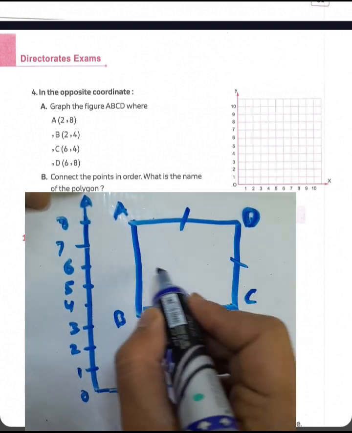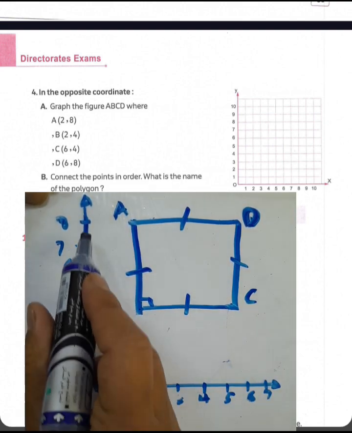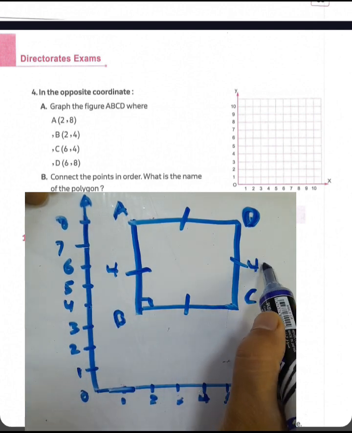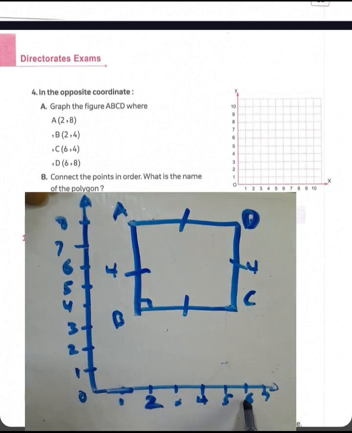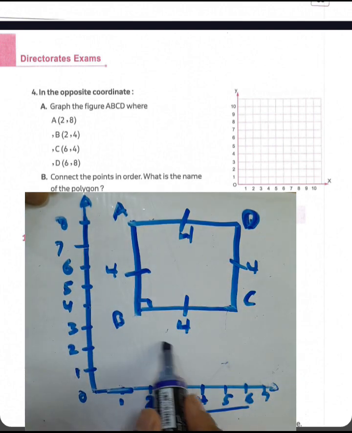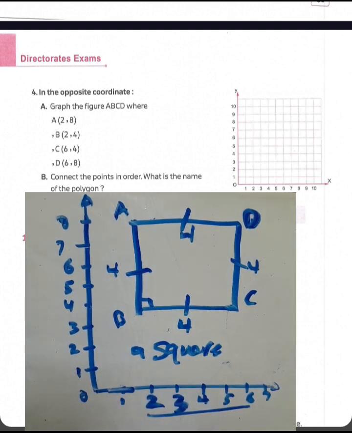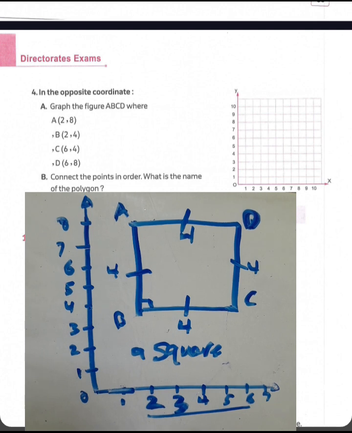All sides will be equal in length, because the distance from 4 to 8 is 4 units, and from 2 to 6 we have 4 units. Then we have a square. Understood?